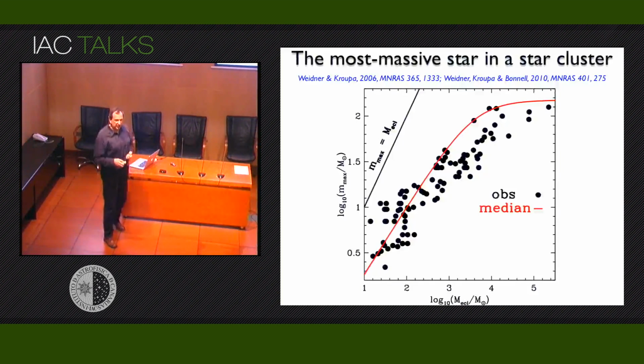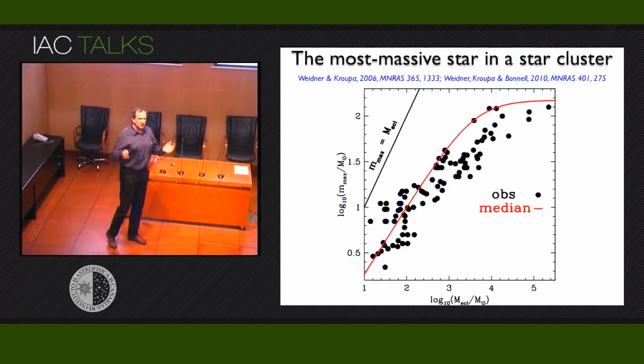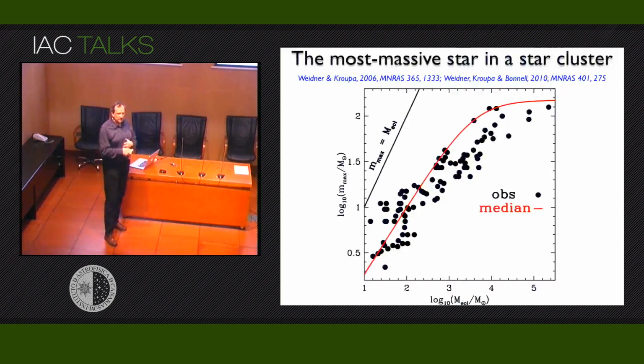So you can calculate the IMF for this changing upper mass limit depending on the cluster mass, and then get a probability distribution function for how many massive stars and how many low-mass stars you would get. But you don't get a universal one immediately for all masses. So it's some kind of stochastic effect.